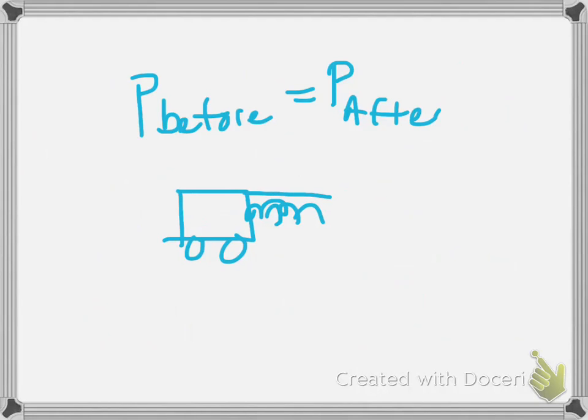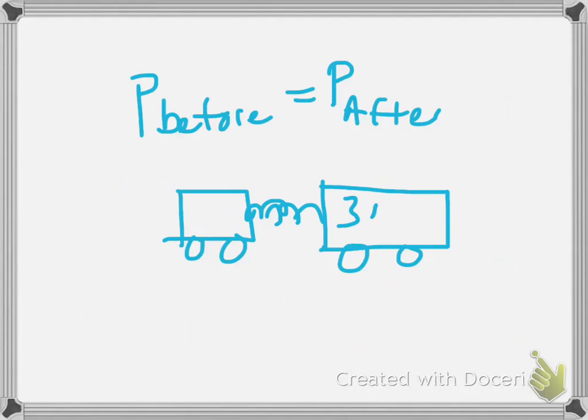Let's just go with the spring. This cart has a mass of 3 kilograms. This cart has a mass of 1 kilogram. Because they're held together by a compressed spring and they're at rest right now, the momentum before is 0.